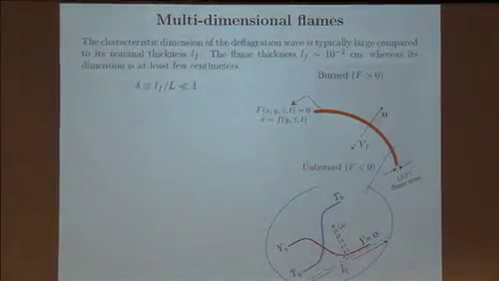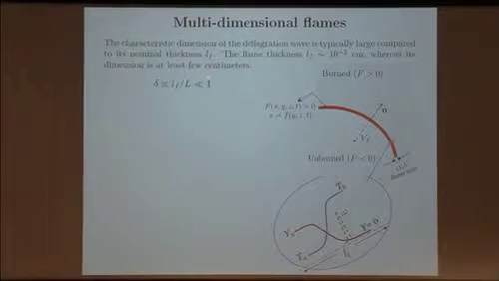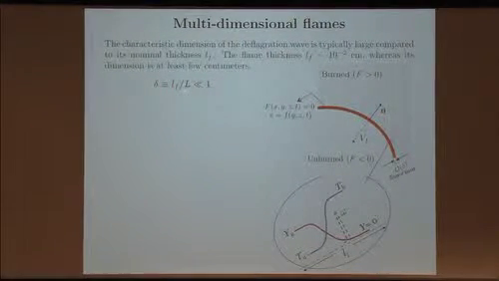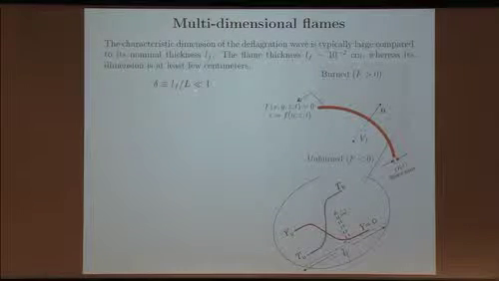And so what we would like to be able to do is to describe multidimensional flames in the limit where the flame thickness LF divided by capital L, which I call delta, is very small or goes to zero. In that limit, the flame, which is described here as the red region, inside which is the structure that you have, right? This whole flame can be viewed as a surface, and mathematically I can describe it by some function of position and time equal to zero, right?